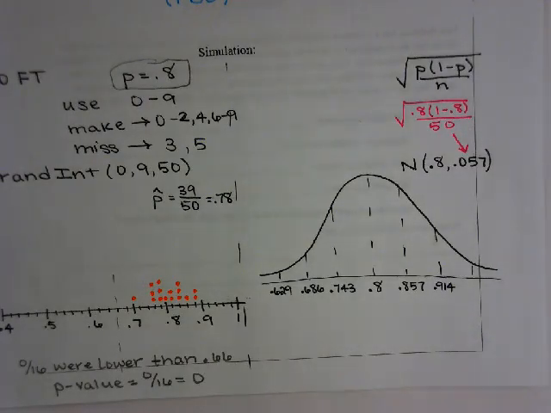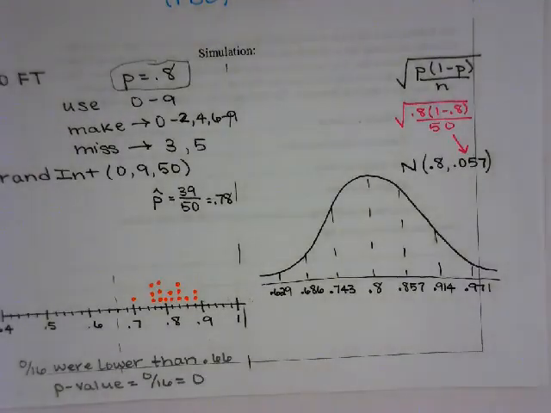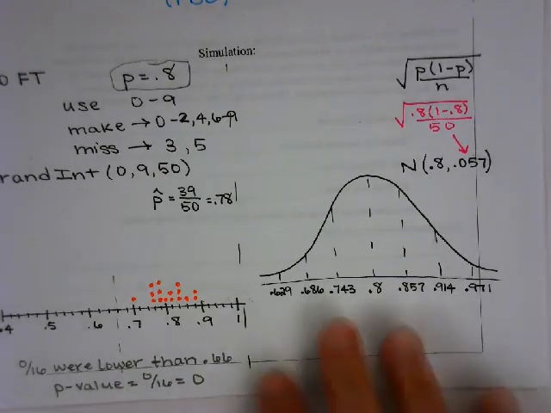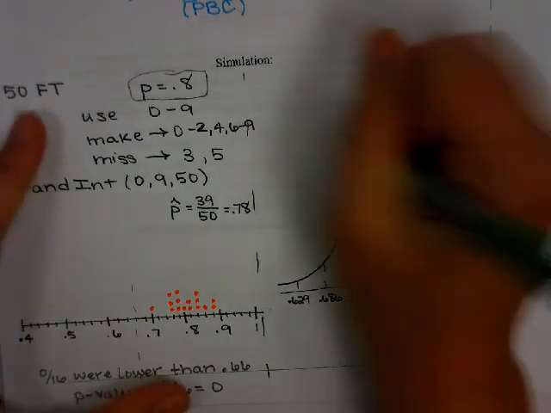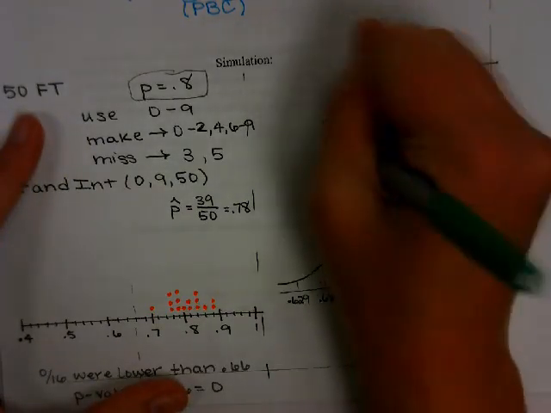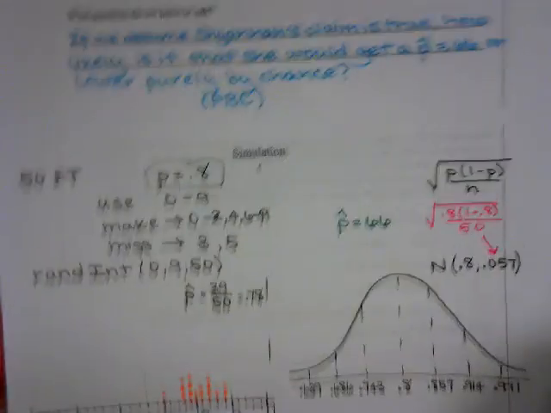So assuming that Cheyenne's claim is true, she's an 80% free throw shooter. She went to the gym, she took 50 shots, and she got a p-hat of 0.66. So we're going to look at how likely it is that she would get a p-hat of 0.66 or lower, because our alternative is less than, purely by chance.